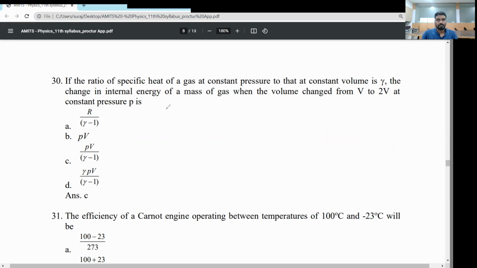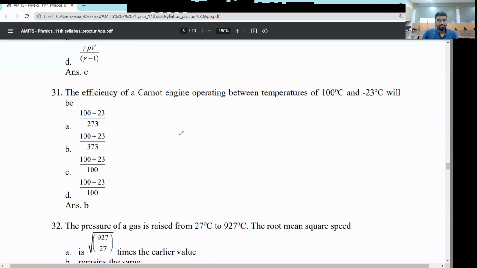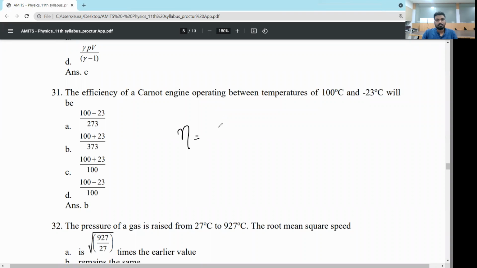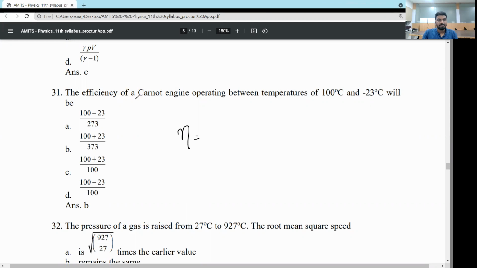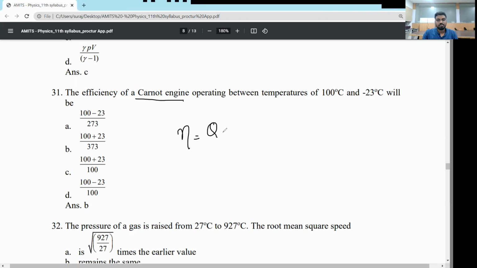Question number 31. Efficiency of a Carnot engine operating between temperatures 100 degrees Celsius and minus 23 degrees Celsius. Efficiency they are asking. Efficiency is what? Efficiency is work done by the heat taken from the source.